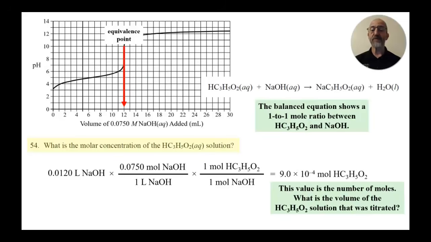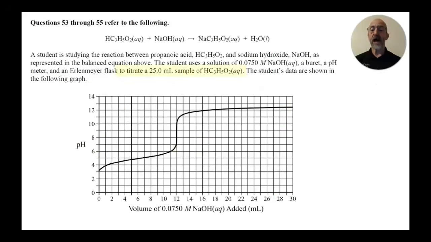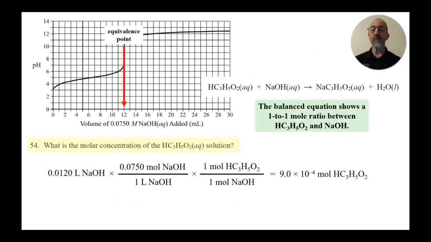Let's go back to the description of the experiment. A 25 milliliter sample of propanoic acid was used, so therefore if I take the number of moles and divide by the volume, I will get the molarity. So I'm going to take 9 times 10 to the negative 4 moles, and I'm going to divide by 0.025 for my volume in liters.